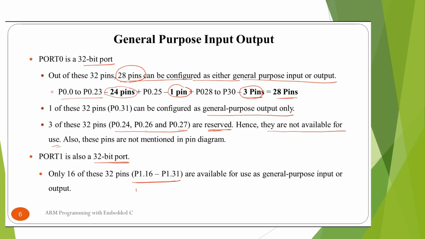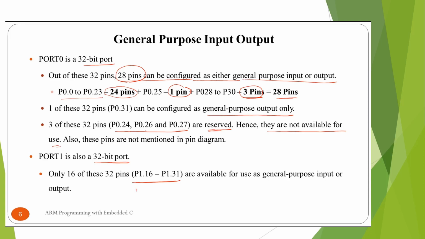In port 0, we have 32 pins. 28 pins can be configured as either input pin or output pin. These 28 pins we can show here as P0.0 to P0.23.